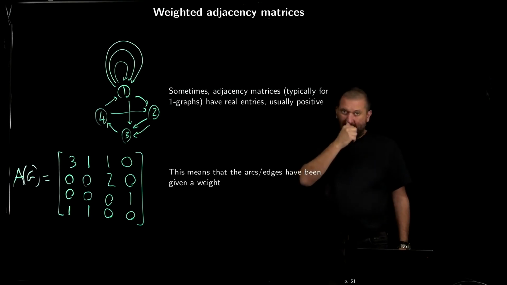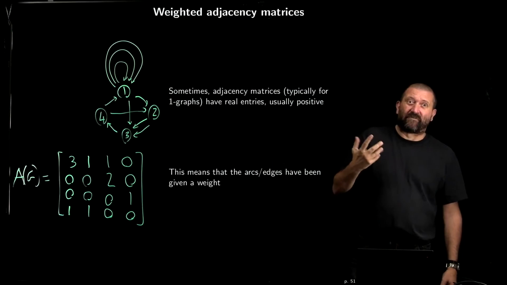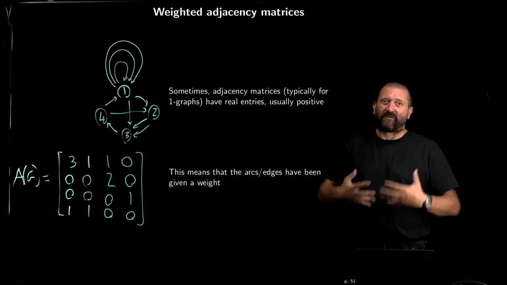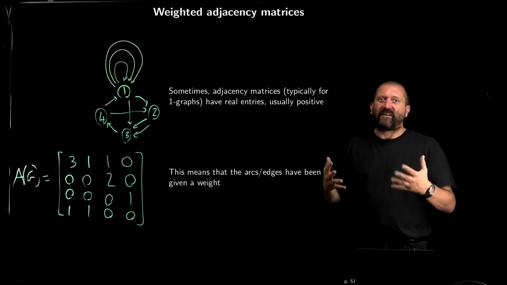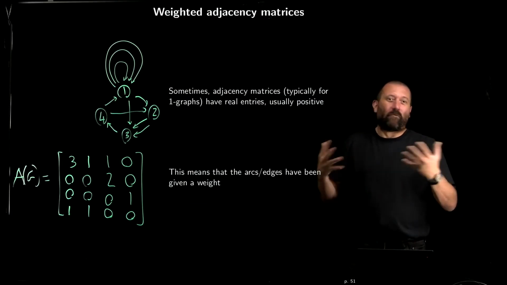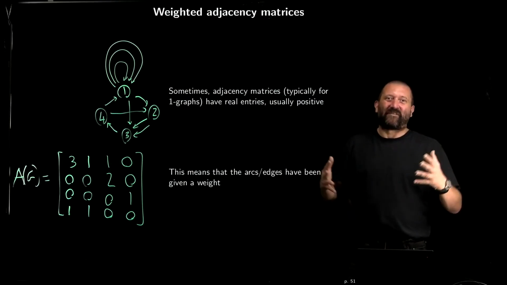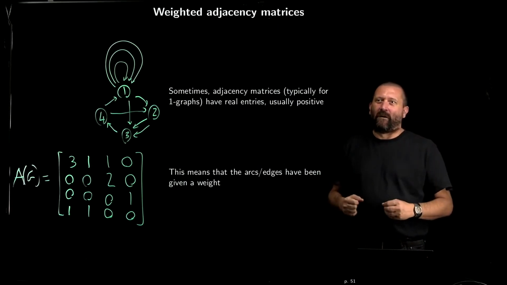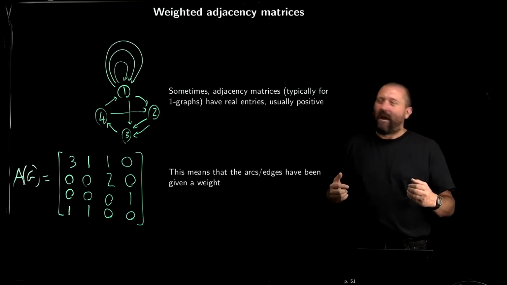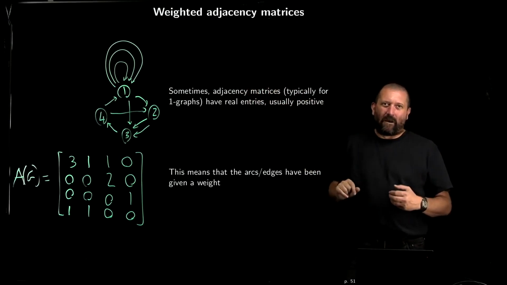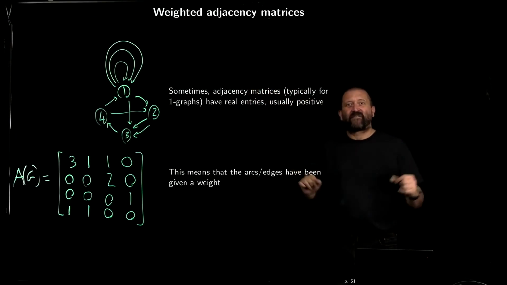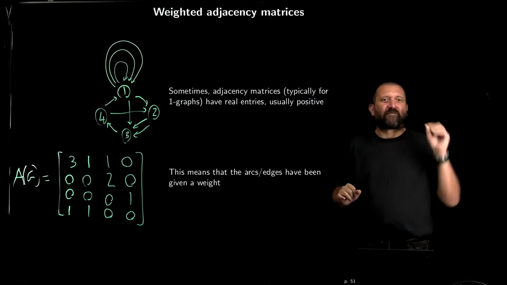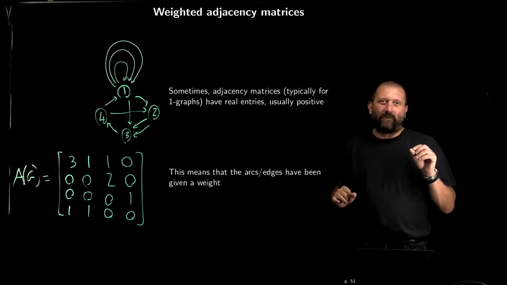One type of graph where this happens a lot, for those of you who are in stats, is a discrete time Markov chain, where the arcs represent the probability that you will switch from one state to another.